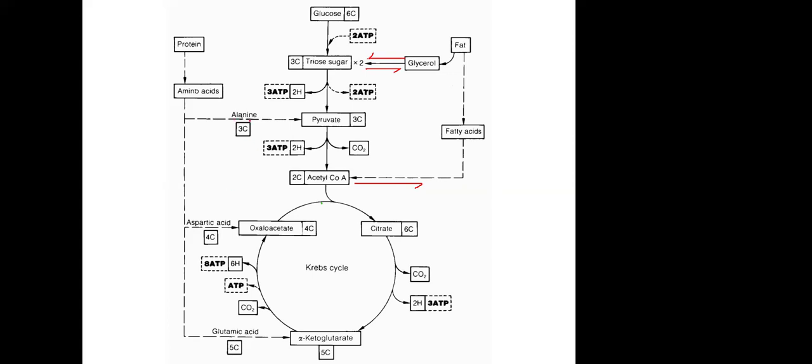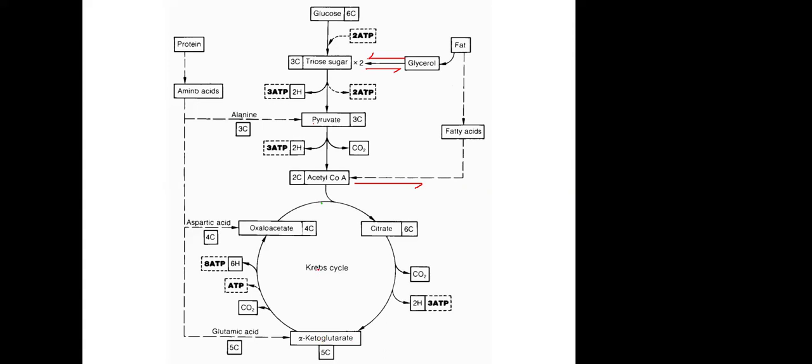So we see that to synthesize alanine, we must work with pyruvate. The pyruvate will undergo certain processes which will result in the formation of an amino acid called alanine. If you want to make glutamic acid or glutamate, it is synthesized from alpha ketoglutarate.